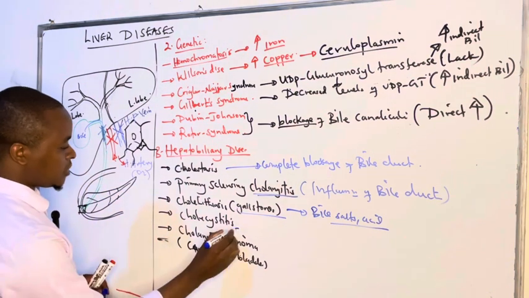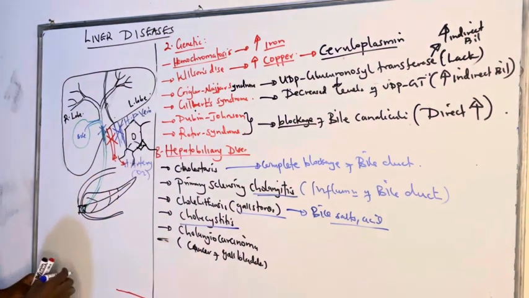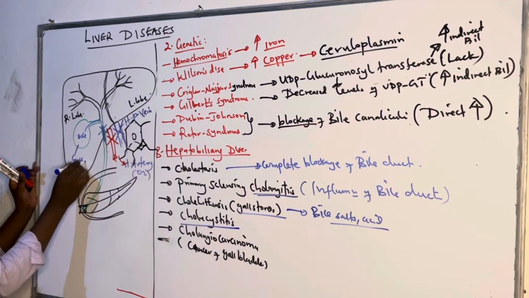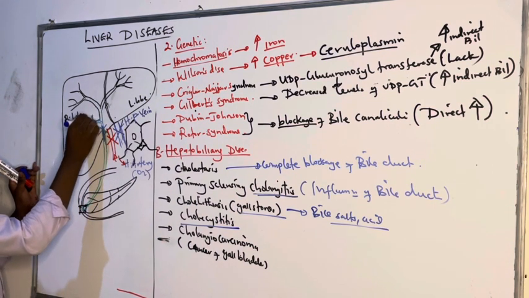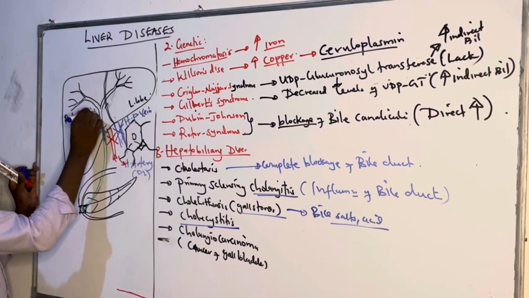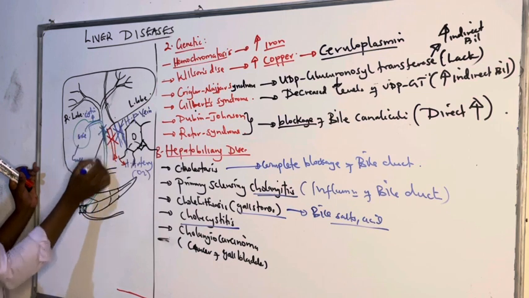Then another cause is cholecystitis. The drainage system of the gallbladder is what we call the cystic duct. This is the cystic duct that joins the bile duct.